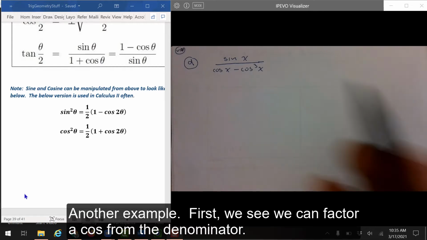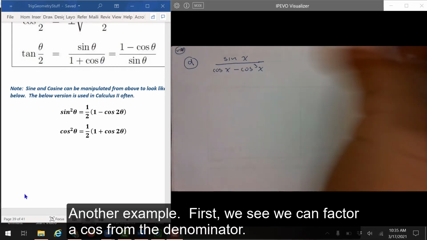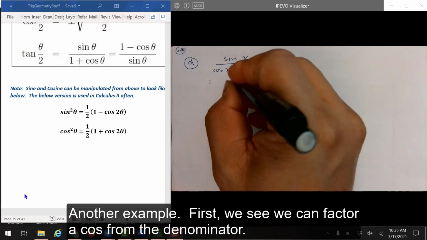Another example. First, we see we can factor a cosine from the denominator.